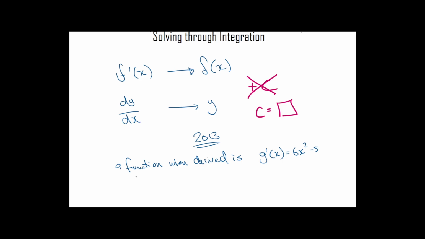And we're told that it passes through the point (1, 4). So in other words, this is some graph. When we integrate it, it's going to either look like that or like that, a trinomial, and it passes through the point (1, 4). So when we integrate this to find g of x, we're going to get a c term, and we're going to use the coordinate that they give you to find out what that c term actually is. So let's do it.